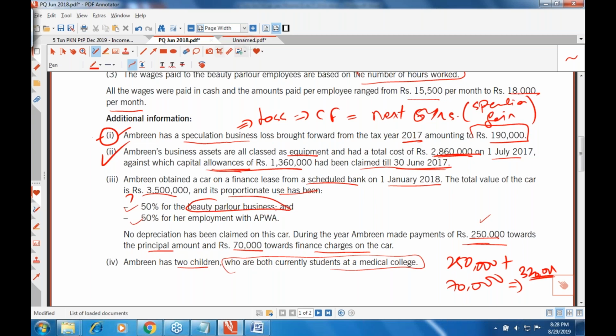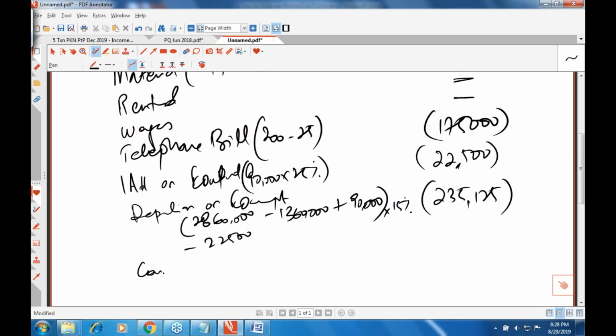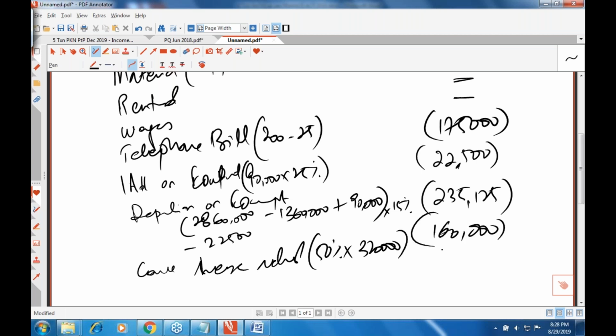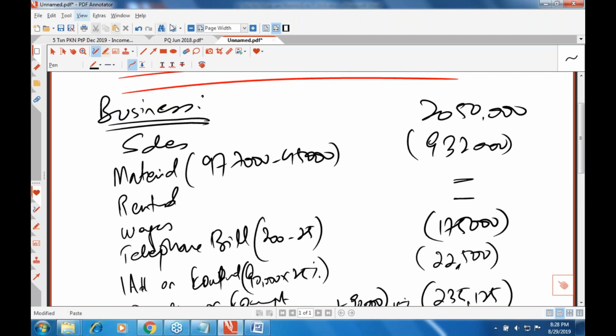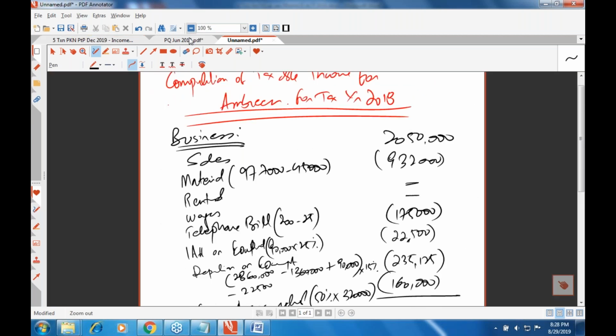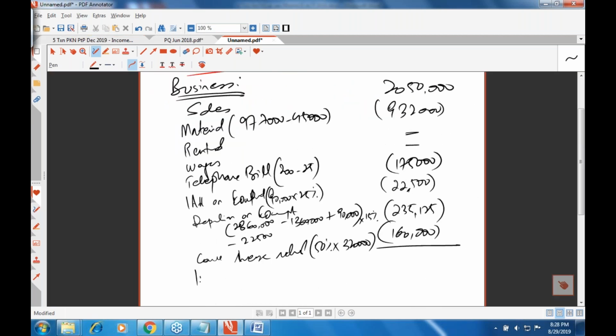So what you can only claim is the car lease rentals, which is going to be 50% of 320,000. So this actually gives you 160,000. So resultingly you would have the income from business. This is all going to be considered as your income from business.